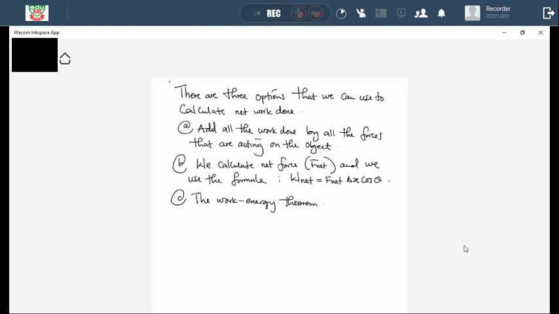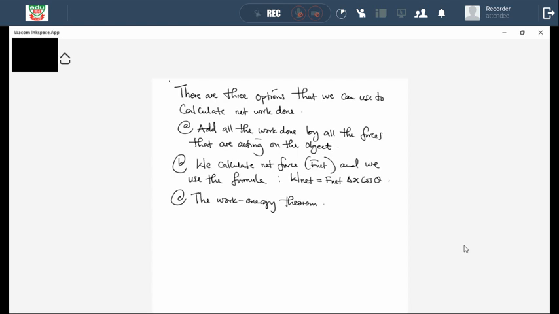If we are given velocity and mass of the object as it moves through displacement, then we can calculate our net work done, because the theorem has proved to us that the net work done is equivalent to the change in kinetic energy of the object.